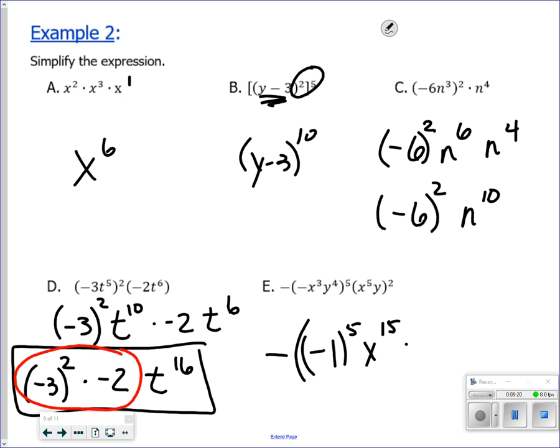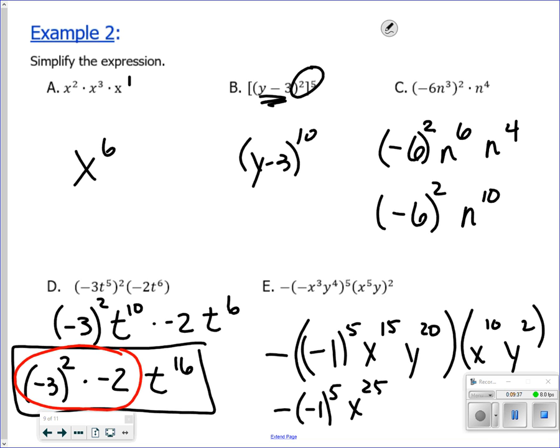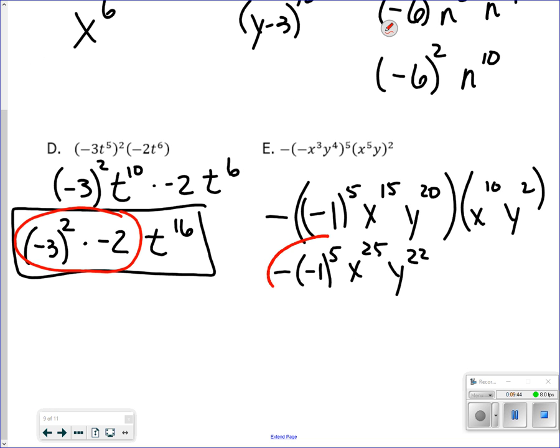Now, next one, the negative sign stays out in front. So now I've got -1 to the 5th, x to the 15th, y to the 20th. So there's the first parenthesis. I've got x to the 10th and y to the second. So I got a -1 to the 5th, x to the 25th, so I'm going to add the exponents, y to the 22nd.